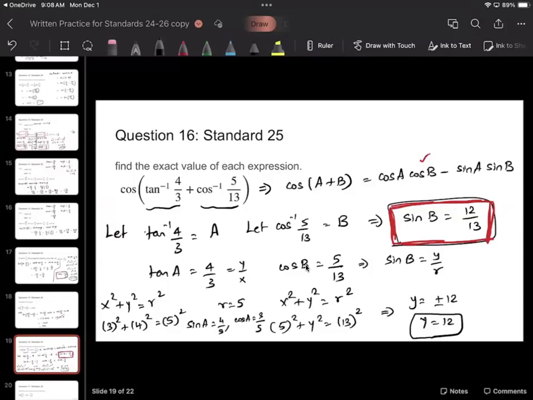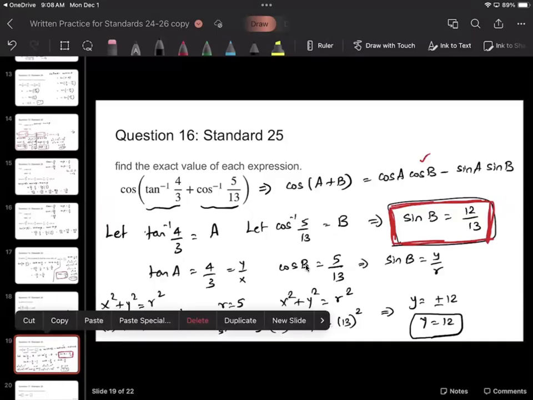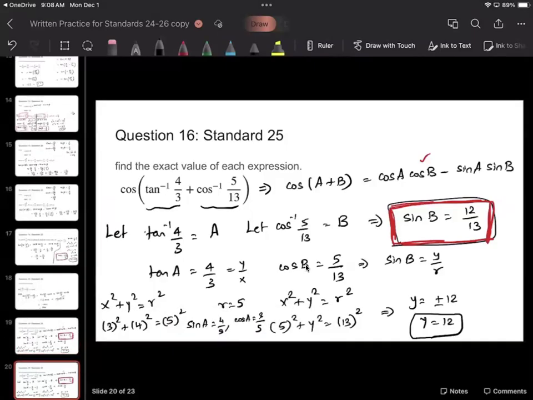Okay, so now you have everything that you need. So let us take it here and write everything down. We have cosine A to be 3/5. We have sine A to be 4/5.